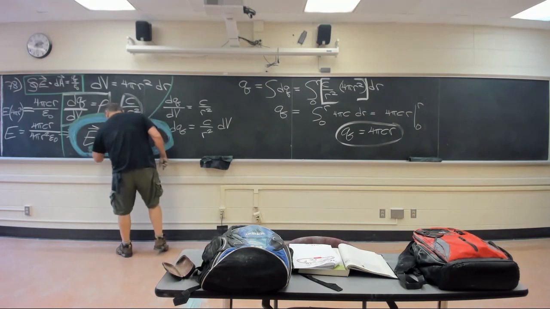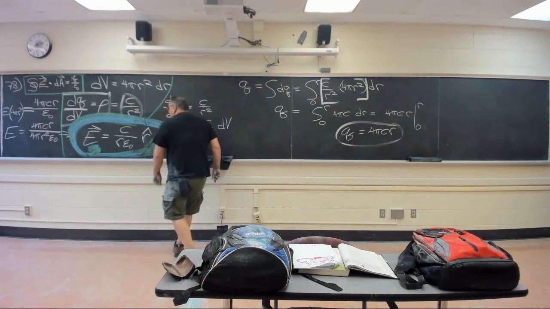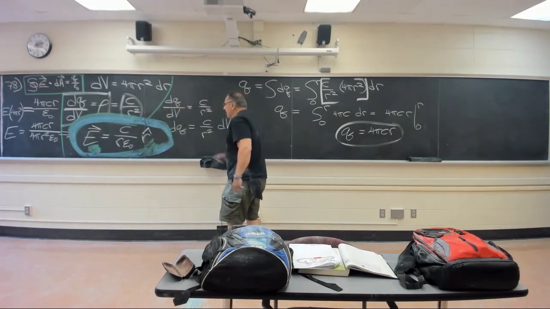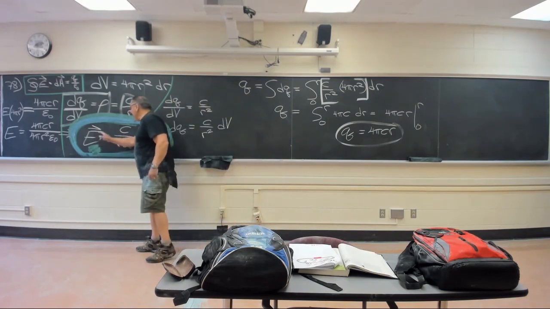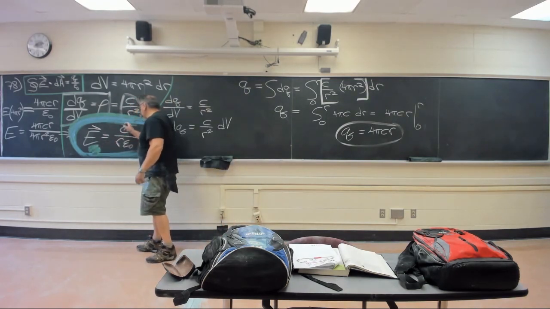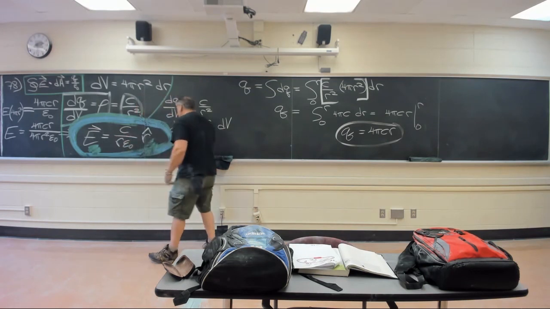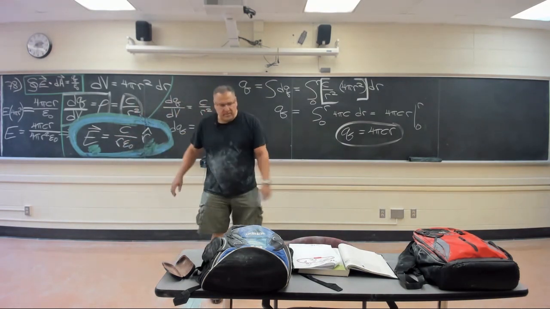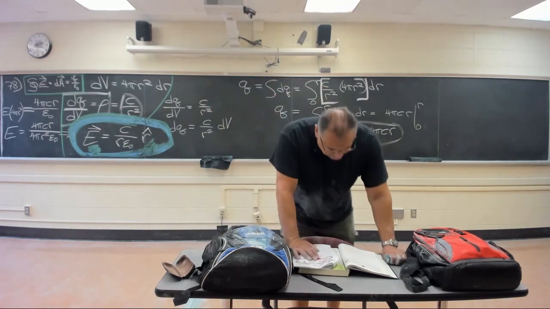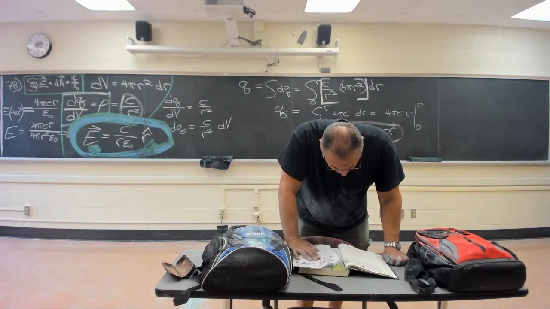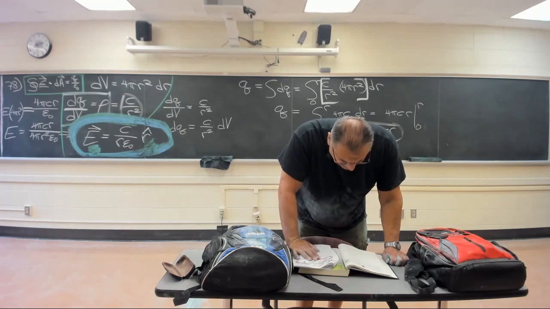All right, guys, so there it is. E vector equals C over the product r epsilon naught times the radial vector, and it's directed outward. C was a positive constant. All the r's under consideration were positive numbers.